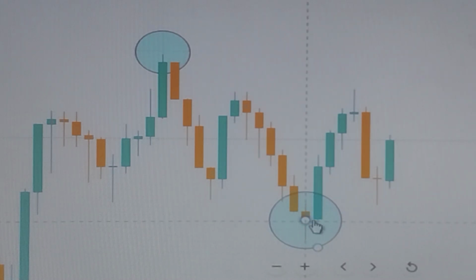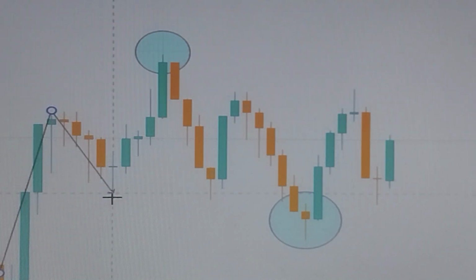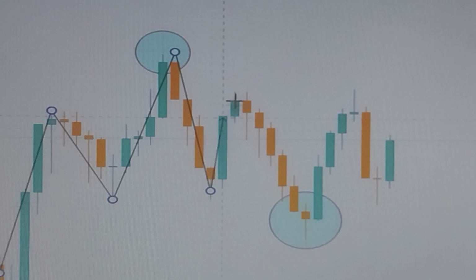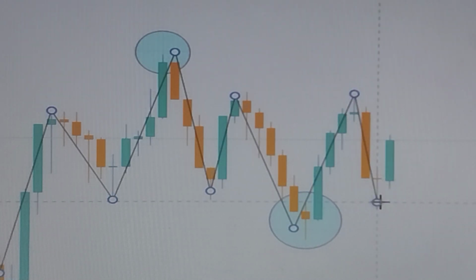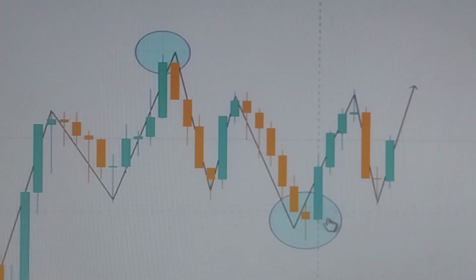We said each high and each low, there should be a liquidity resting below there. So each time the price creates a higher high and a higher low, a higher high, a higher low, there should be liquidity resting on each low that drives this movement.